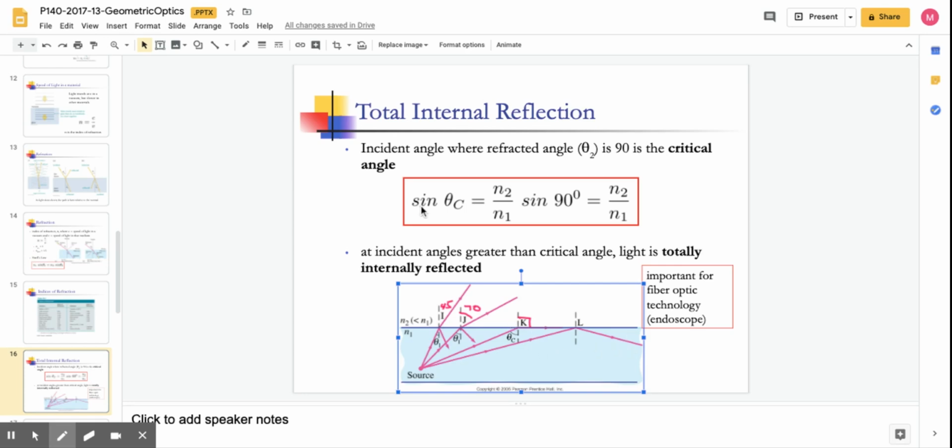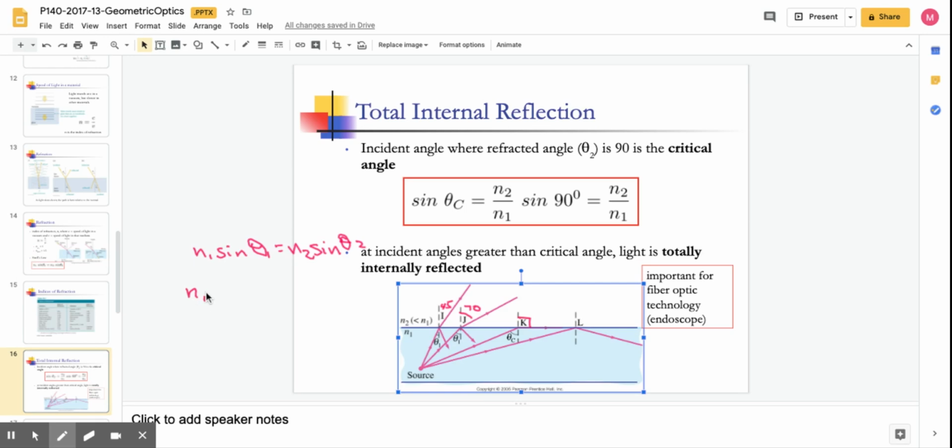And so how do we figure that out? Well, we can use Snell's law. So we know that n1 sine theta 1 is equal to n2 sine theta 2. But we know theta 2, right? This angle right here for the critical angle is 90.